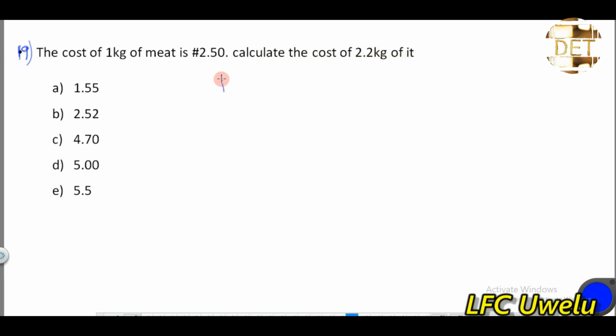So if 1 kg of meat costs 2.5 naira, 2.2 kg of that meat will be equal to 2.5 naira times 2.2 kg, right? 2.2 kg will be equal to 2.5 times 2.2, and that will be equal to what?